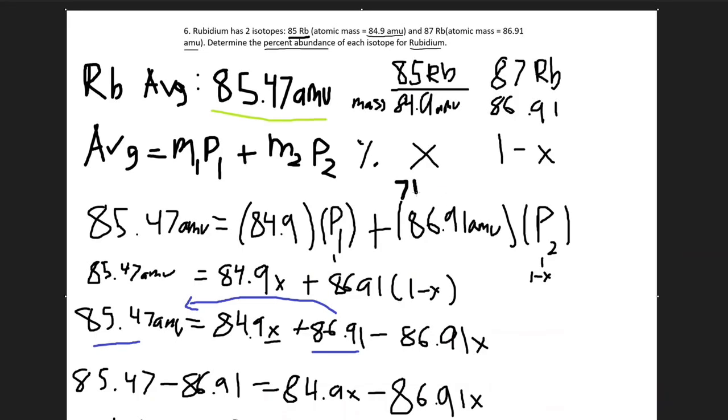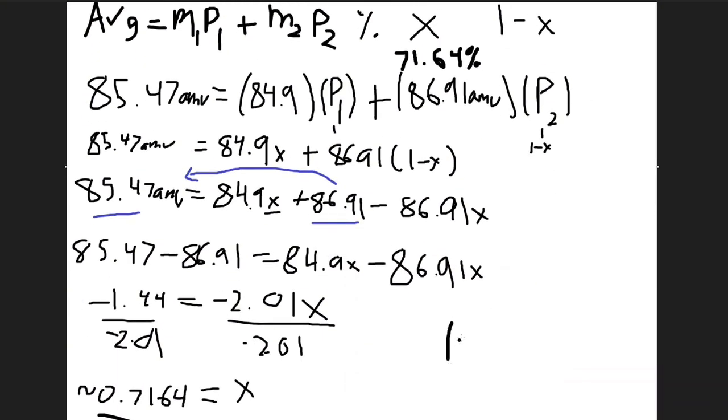It's roughly 71.64%. Now we can input this, because it has to add up to 100, right? So this is 1 minus x. So 1 minus 0.7164 equals the percent of the other isotope.